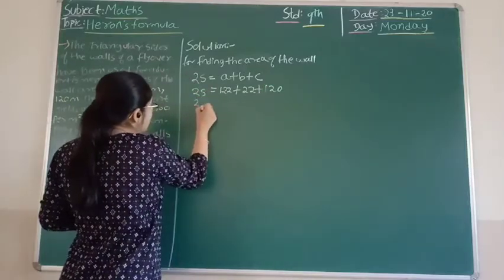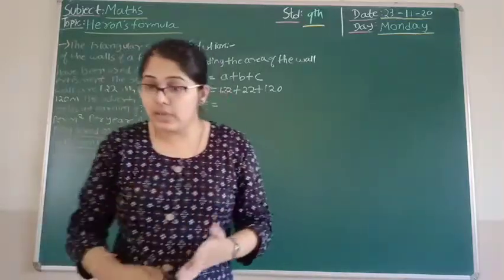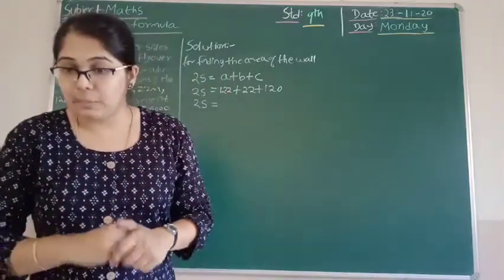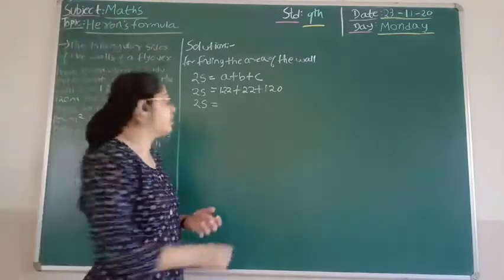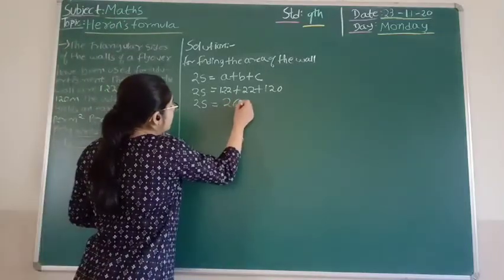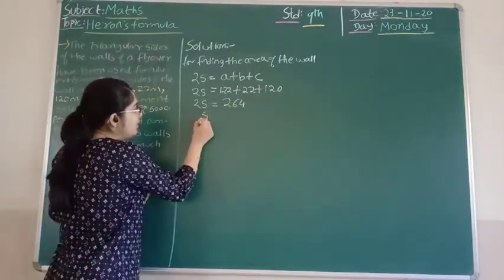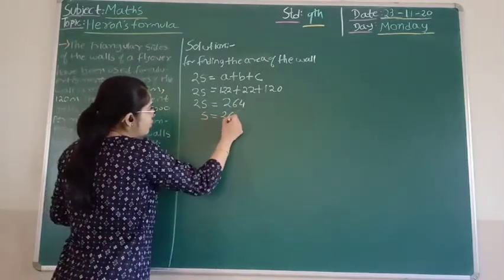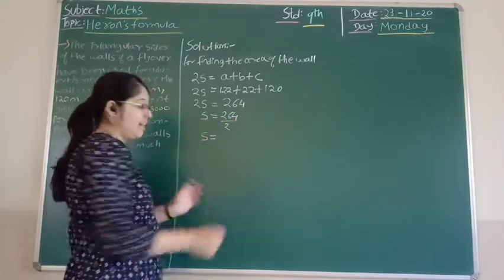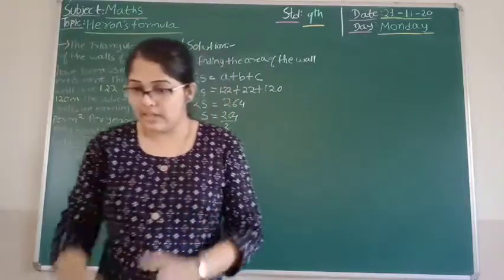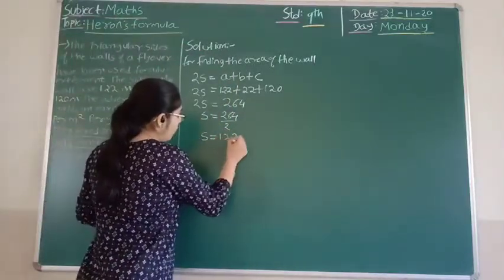If I total all of this, I am going to get 264 meter. Now dividing 264 by 2, I am going to get the semi-perimeter S as 132 meter.